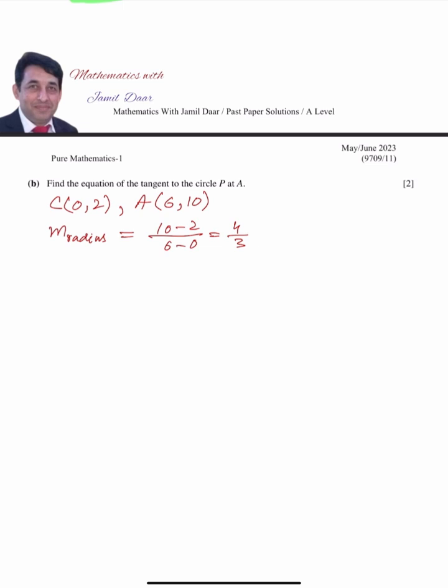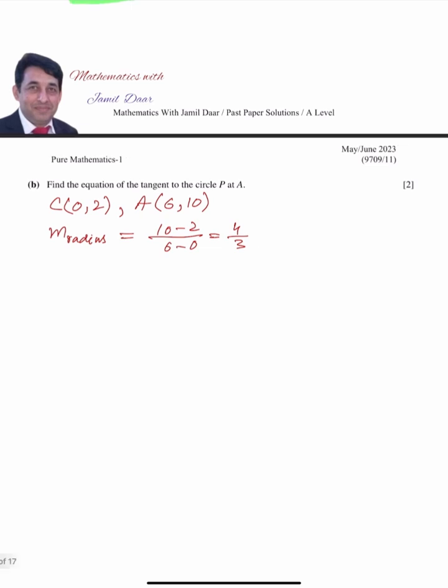You know that the tangent is normal to the radius, so the gradient of the tangent is the negative reciprocal, minus 3 over 4.